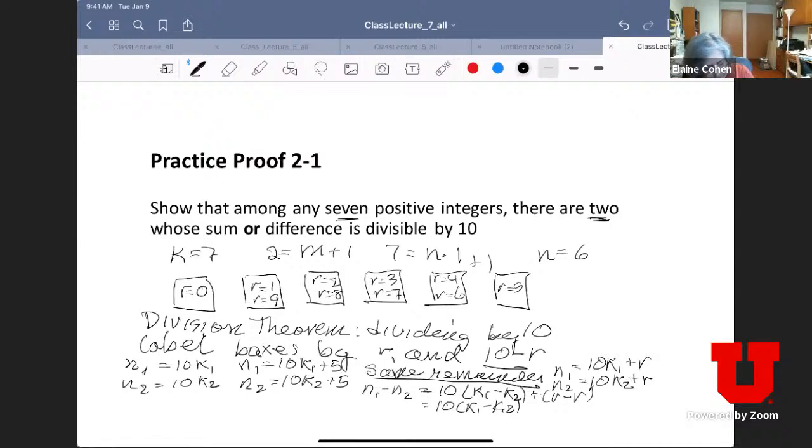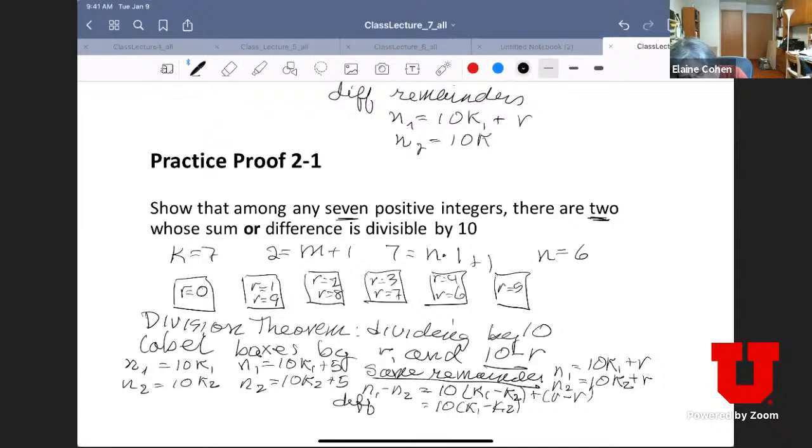There are different remainders. Let me do that up here. Different remainders. In that case, we have N1 is equal to 10K1 plus R, and N2 is equal to 10K2 plus 10 minus R, because that's how we picked the bin.